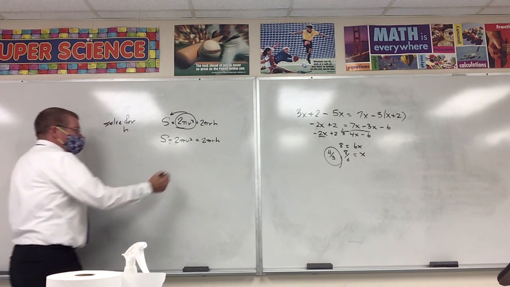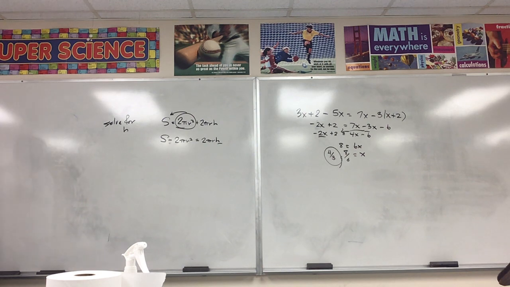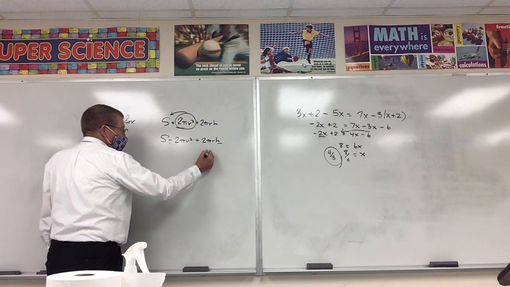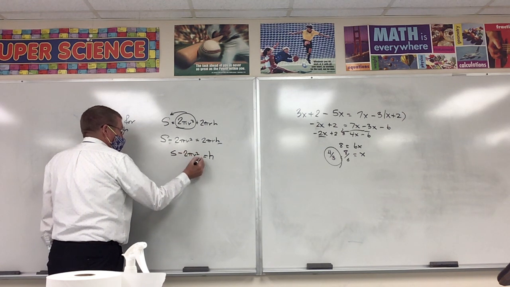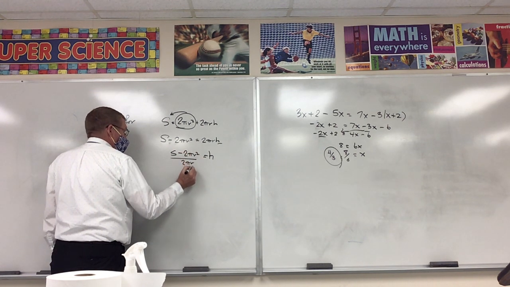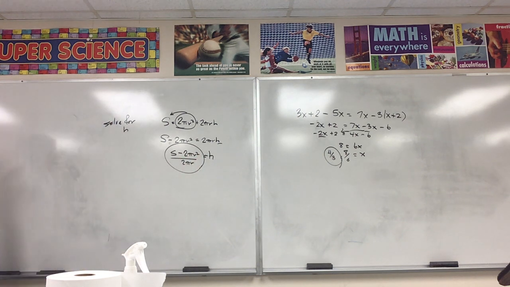Now we want to get h by itself, so we want to get rid of the 2 pi and r, so we're going to do what with that? Divide. And that's the best you can do, so this is my answer. Okay?